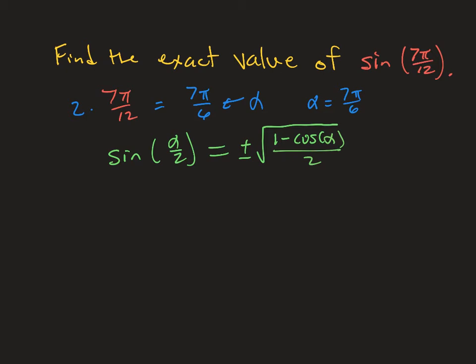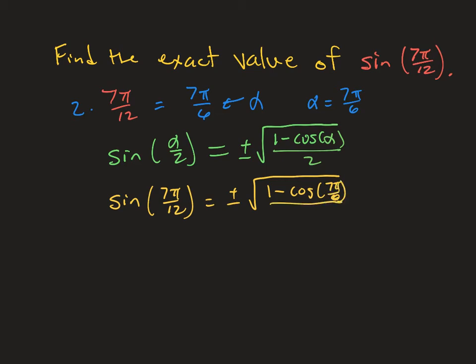So for us, that means the sine of 7 pi over 12, which is alpha over 2, is going to equal either the plus or the minus. We're going to have to figure out the sign, and I'll tell you how to do that in a second, of 1 minus cosine 7 pi over 6, because that's alpha, divided by 2.